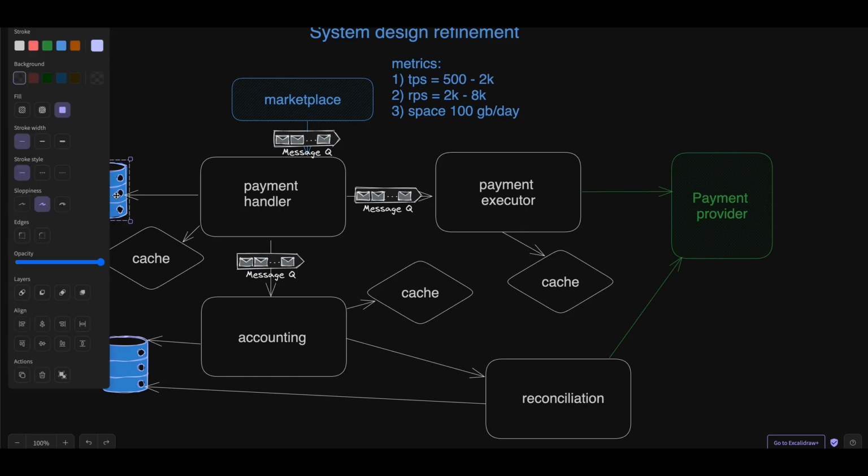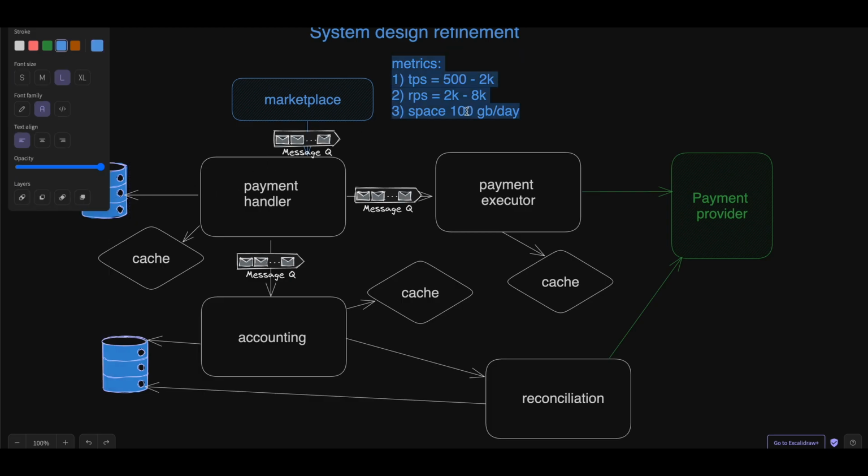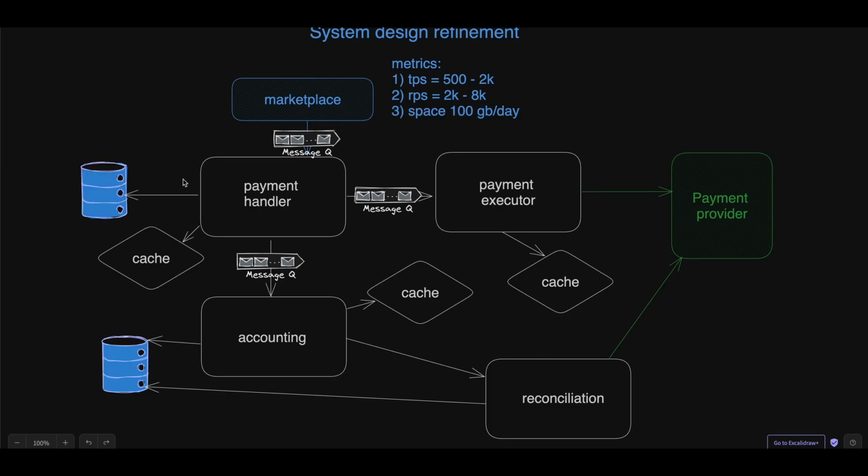And the first thing that comes to mind is handling storage, because a lot of data is going to be stored in here for several years. We would need to use sharding in order to separate our database into pieces that can be safely stored in different clusters.